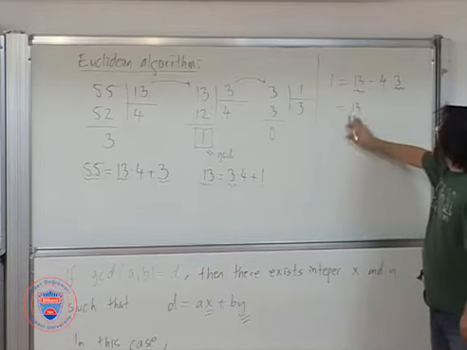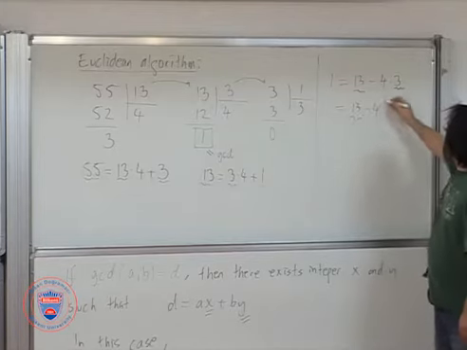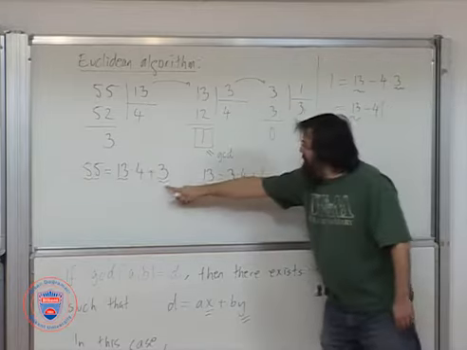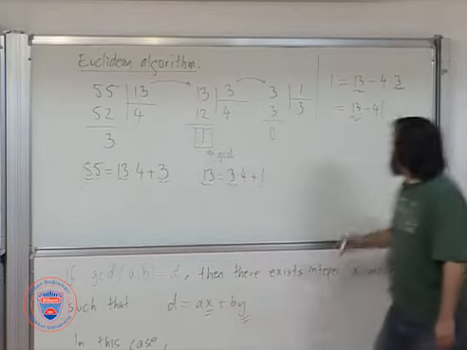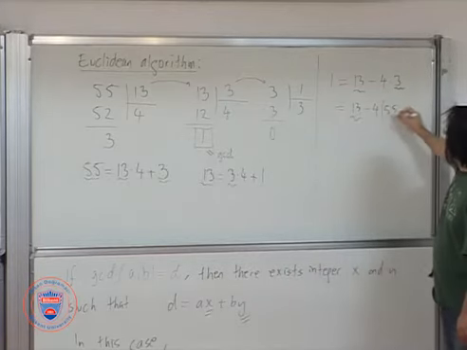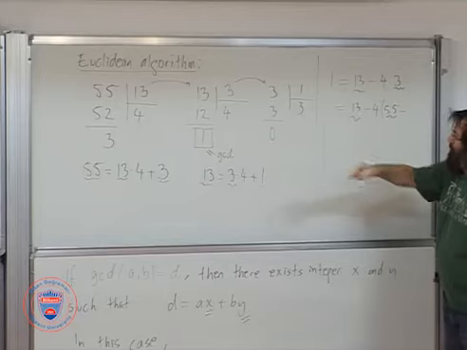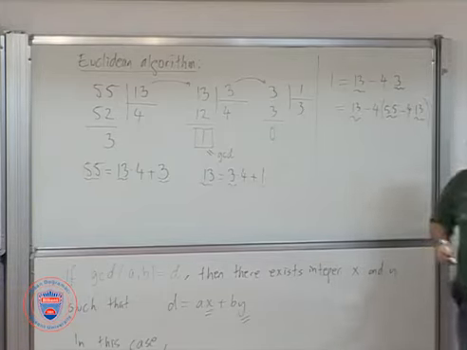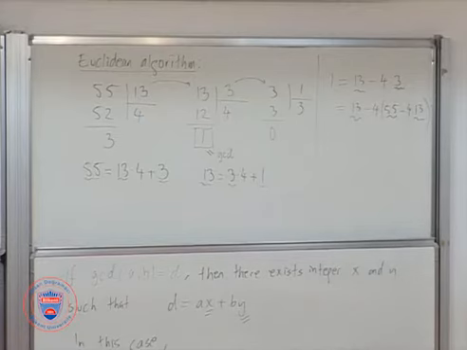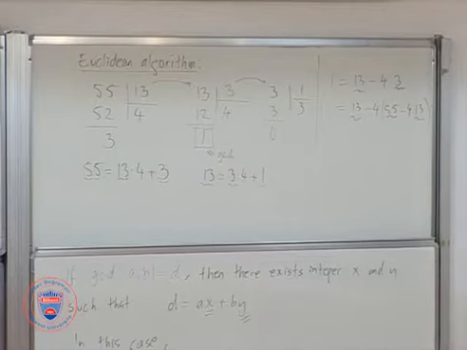Now use the previous equation to write 3 as a combination of 13 and 55, by writing it from that equation like this. So I just carried 3 from that equation. So I get 55 minus 4 times 13.